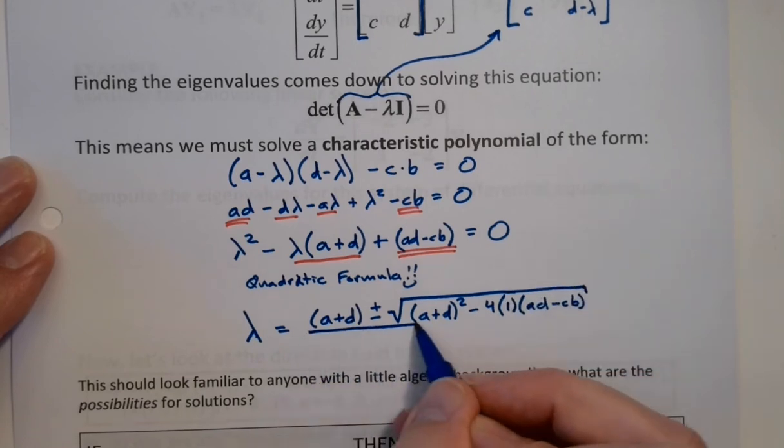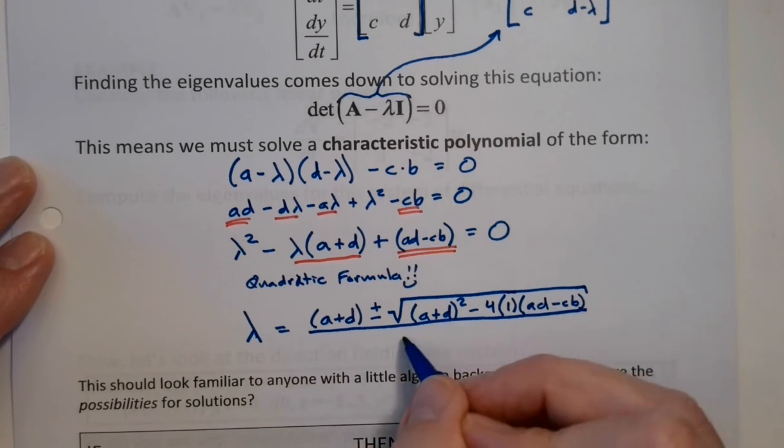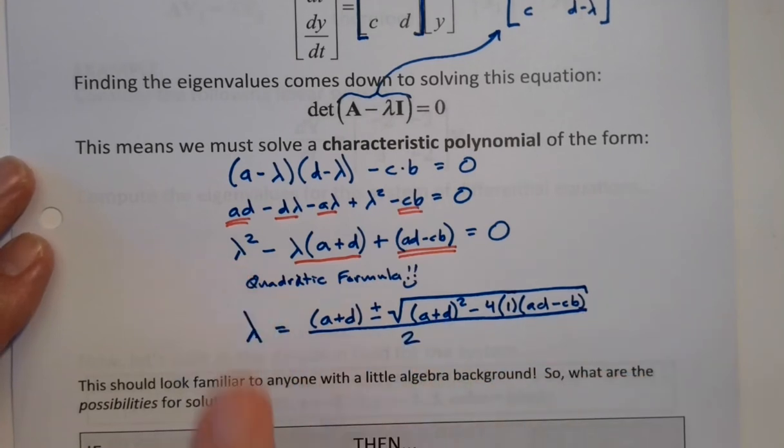And then all that is over 2 times the a, which is just 1.